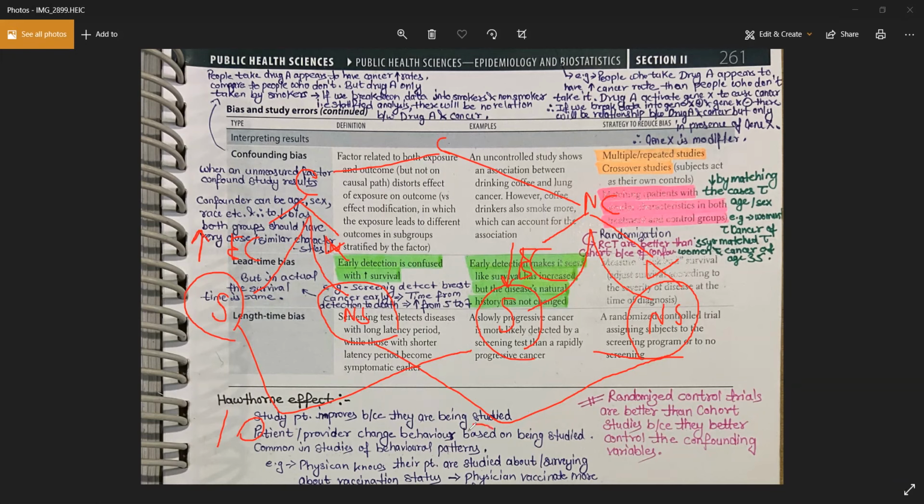Similarly, 5 cases of esophageal cancer in one non-smoking group and 5 cases in the other. So ultimately there was a ratio of 1:1, which means chocolate is ultimately not the cause of cancer, but smoking is the cause of cancer. You understand the scenario?